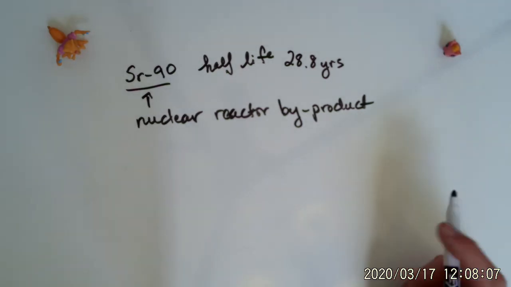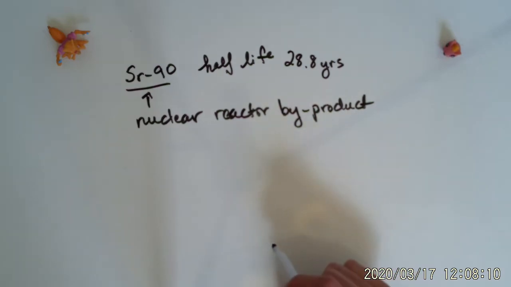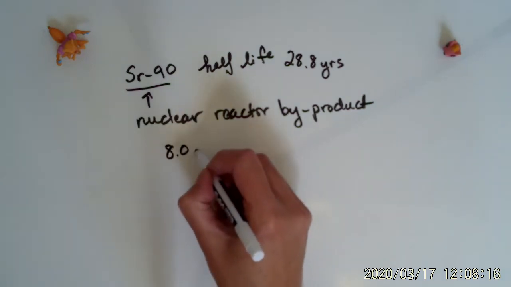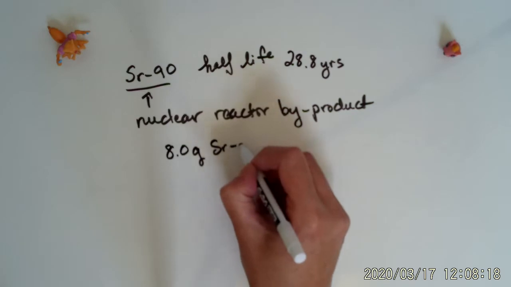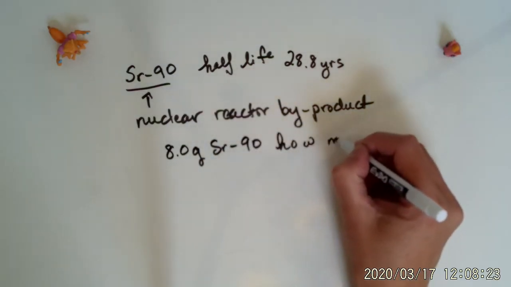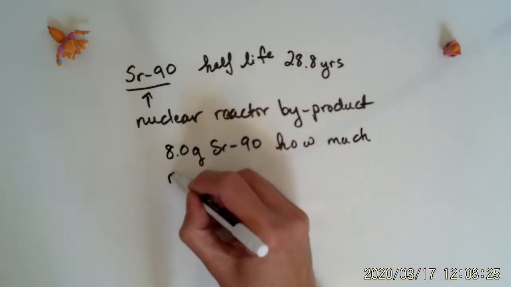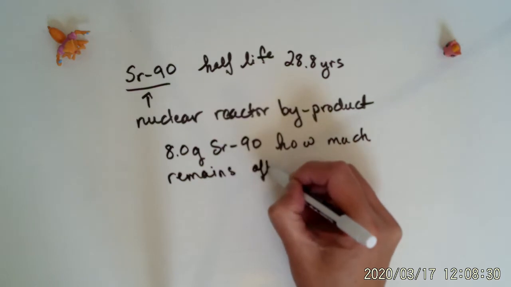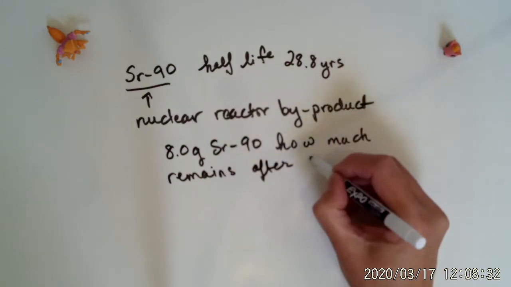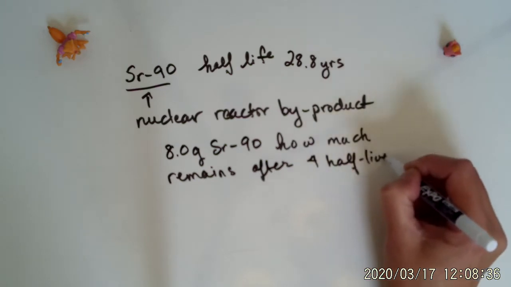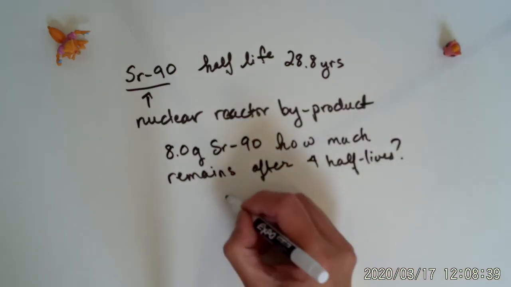All right, so let's do an example of radioactive decay. If I have 8 grams of strontium-90, how much remains after 4 half-lives? Now remember the graph.